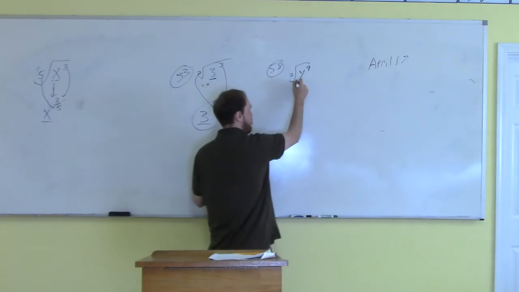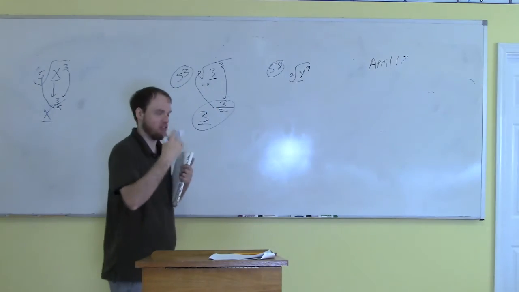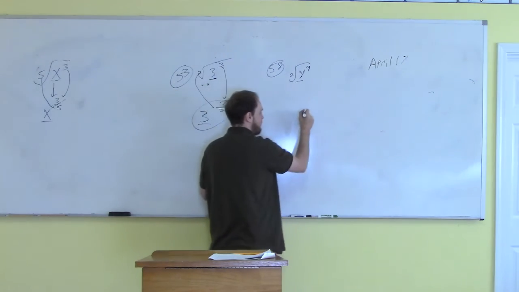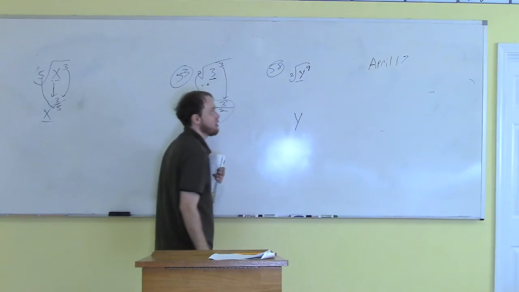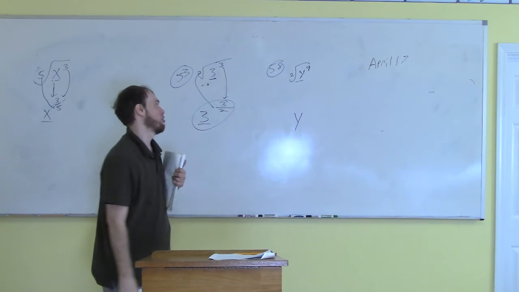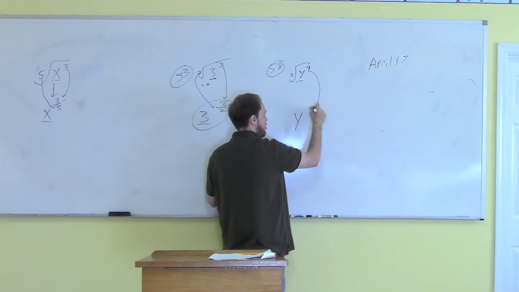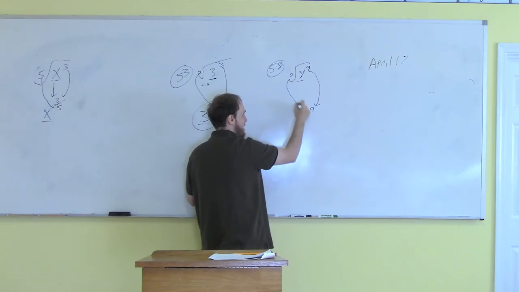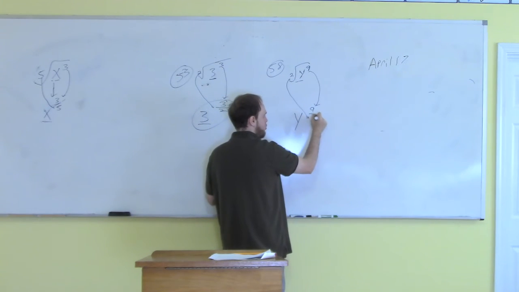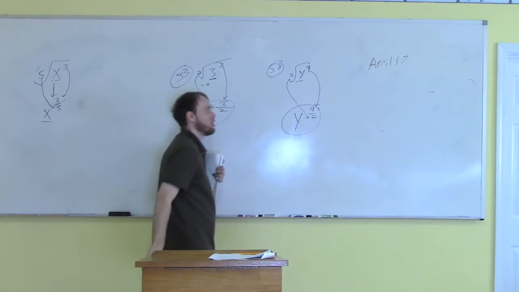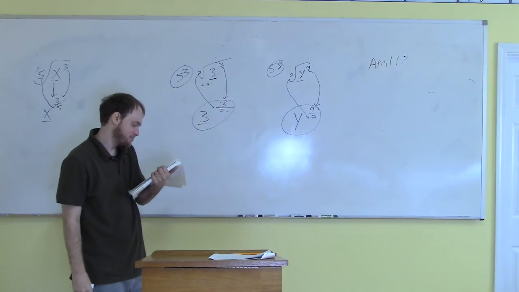My base is whatever is raised to the exponent, so the base is y. Then I set up my fraction. Remember that the radicand exponent becomes the numerator and the index becomes the denominator. So it would be y to the 9/2.